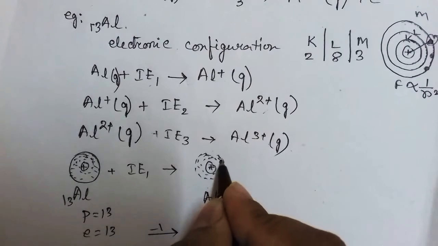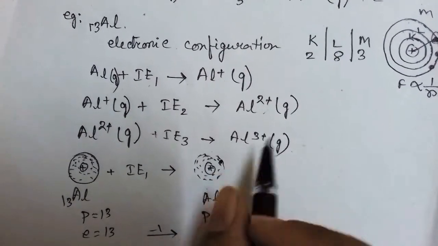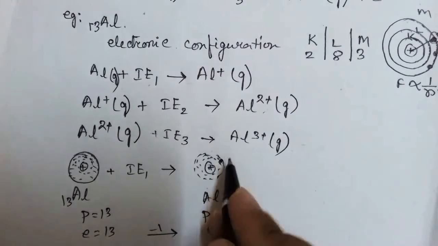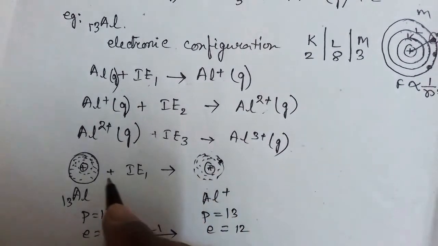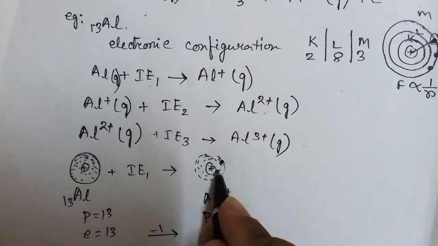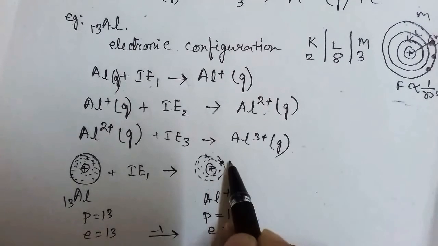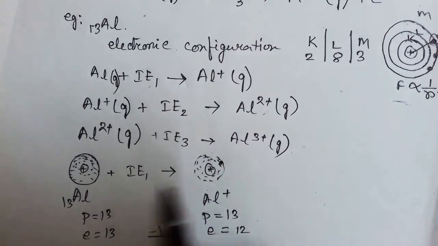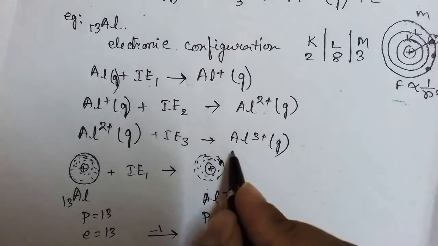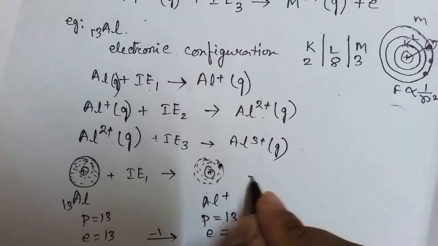Now the electron which was in the valence shell, the second electron at the M shell, will come closer to the nucleus from the previous one. So more tightly bound, force will be higher, more tightly bound than the last electron. So the greater amount of energy is needed to remove that.